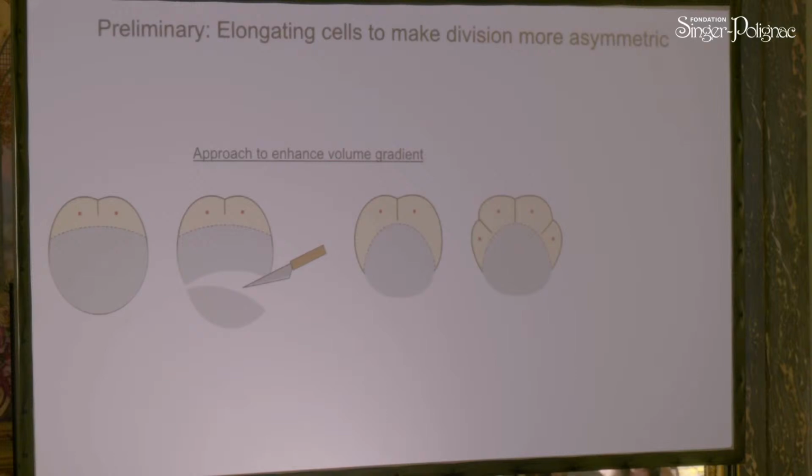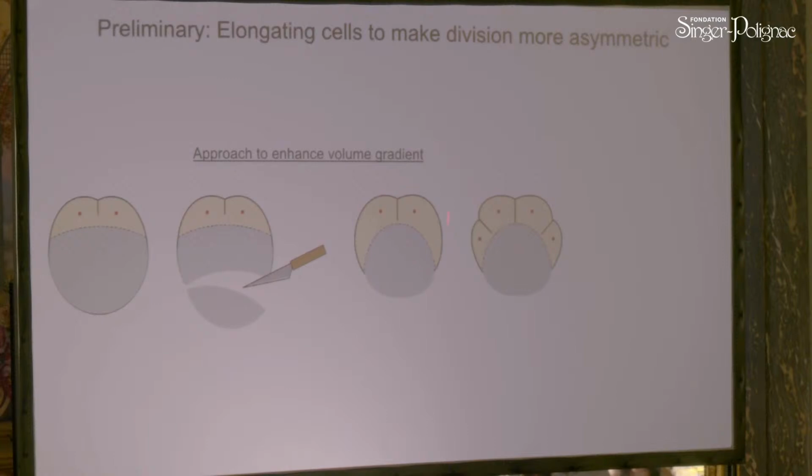There's one experiment he did then, because referees want to have more. What he did is he wanted to change the shape of the blastodisc initially to see if that has a consequence on the distribution of cell volumes and then on the mitotic wave. And the way he did it, he cut off a little bit of the yolk. Some of these embryos are healing here, and then you're ending up with something like that, which has a clearly higher curvature at this region here.